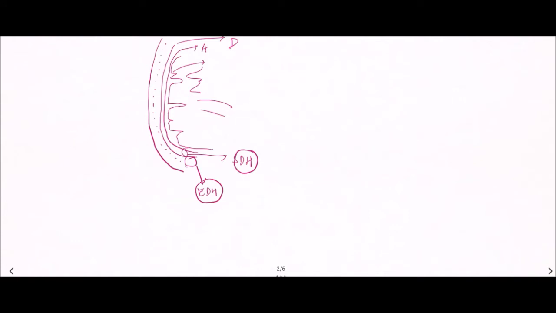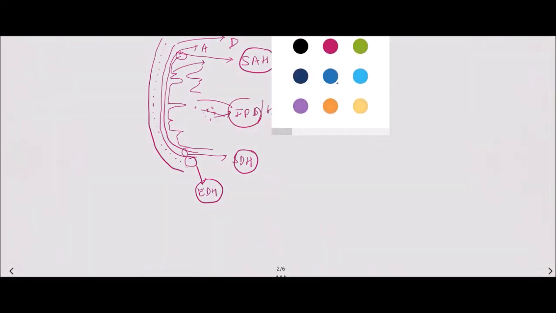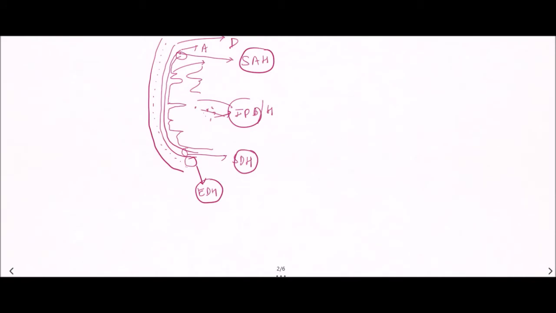If any collection of blood or hemorrhage is just below the arachnoid mater, over here, this is known as subarachnoid hemorrhage. So these are three kinds of hemorrhages. But if there is some bleeding or collection of blood in the parenchyma of brain, this is known as intraparenchymal bleed or intraparenchymal hemorrhage. So this is the basic difference between all kinds of hemorrhages.